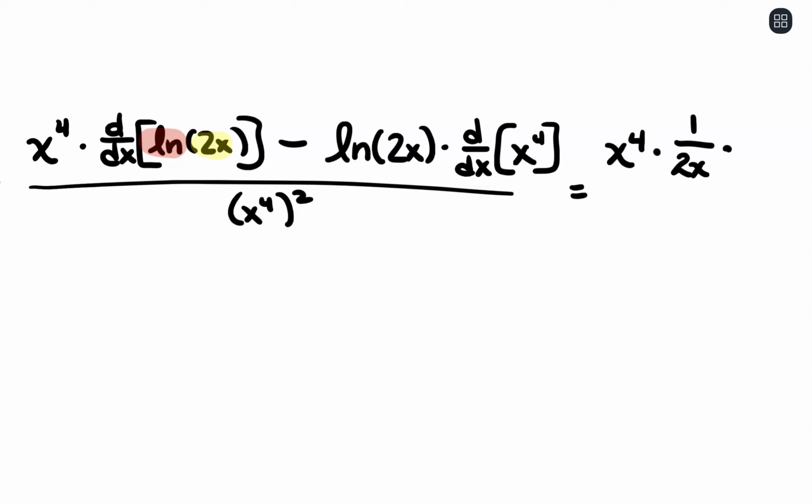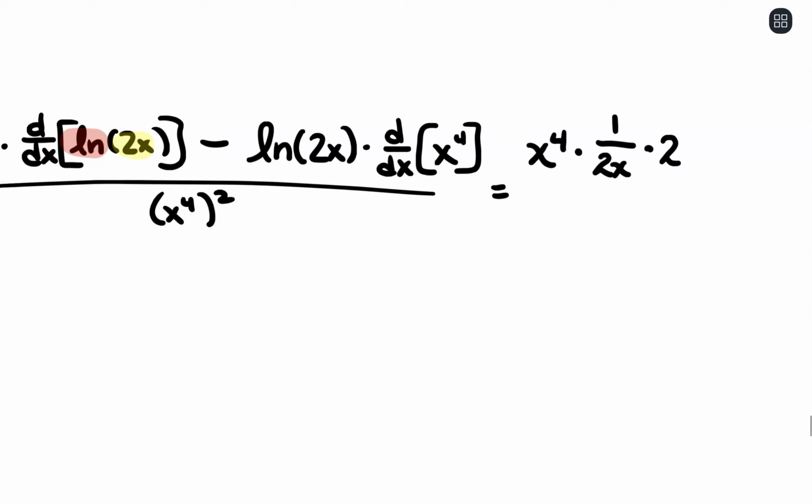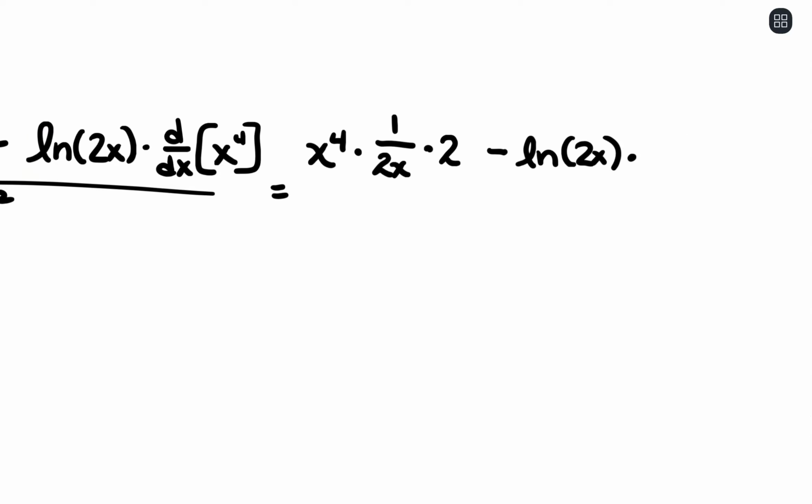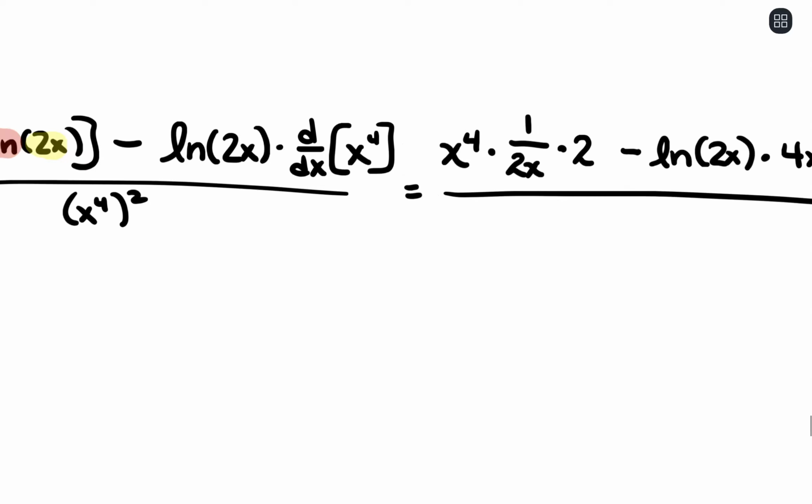And then we're going to multiply by the derivative of that inside function, the derivative of 2x, which is 2. Then we're going to go minus natural log of 2x times the derivative of x to the 4th, which is a 4x cubed, all over x to the 4th squared, which is x to the 8th.